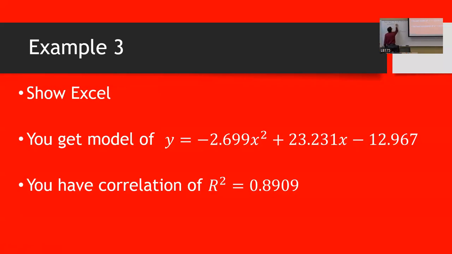Let me go ahead and do that. So everywhere you see an X, for the first prediction, plug in 4.45.